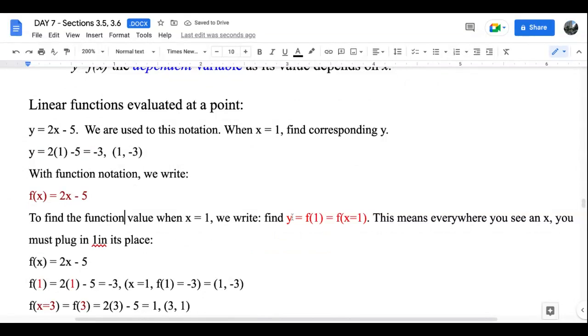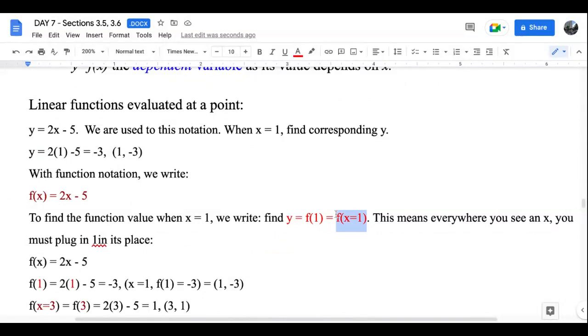We write it like this: y equals f of 1. So when x equals 1, we change the x in the parentheses to 1. So f of 1.